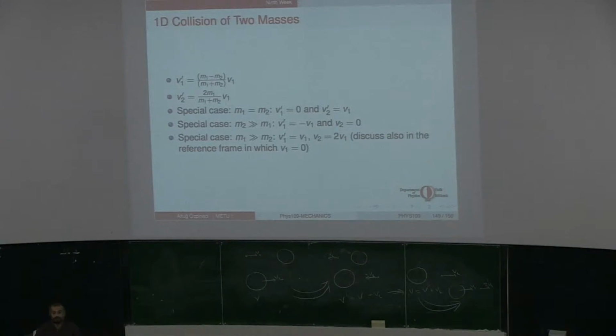In my reference frame, in which I'm moving with the bowling ball, the table tennis ball just approaches with minus v1. It is very light, so after it hits the bowling ball it stays at rest. It doesn't start moving after the collision, but the bowling ball just changes its direction. So it starts moving with velocity v1 in that direction, in my reference frame.